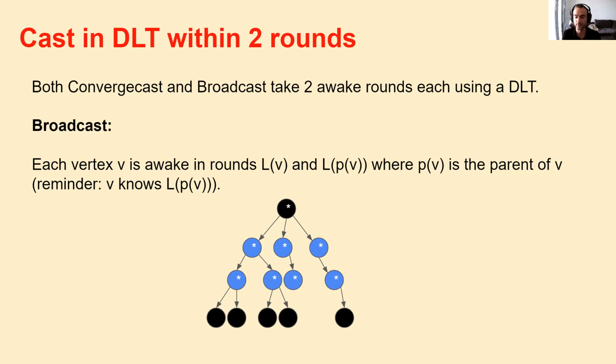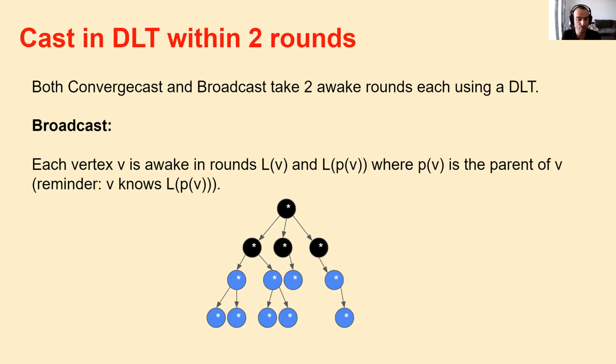So the information can propagate down the tree, and again it can propagate down to the fourth level and so forth. And if we look at the example, we can see, for example, that the second level of the tree, colored blue here, is awake only 2 rounds throughout the algorithm.